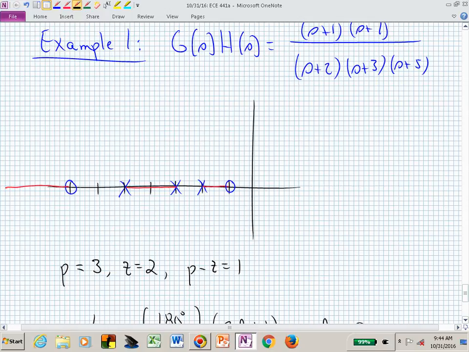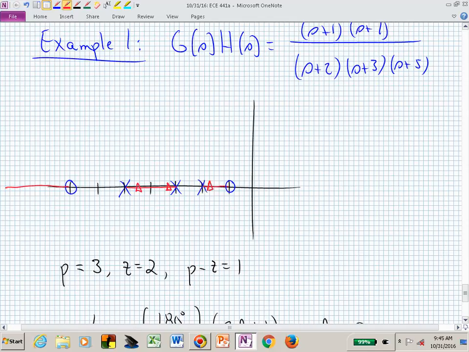So I have 3 branches. Forget how many root locus segments I have. I actually have 3 of those, but some of those are doubling up. If I crank up the gain K a little bit, this pole is going to move towards the zero, and maybe it's going to go to this triangle. And this guy might go here, and this guy might go here.